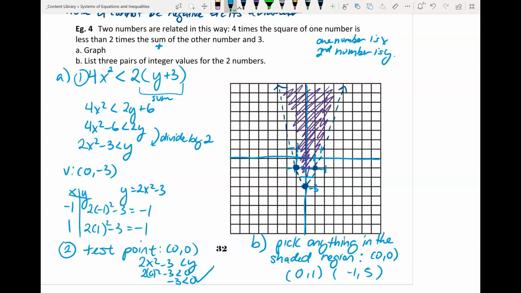So that means if I put in 0 as my first number and 0 as my second number, this inequality we found here is going to be satisfied. And if I put in -1 as my first number and 5 as my second number, again, we put that into our inequality. That means this inequality is satisfied, and it follows through that this would be true with our set of x and y values.